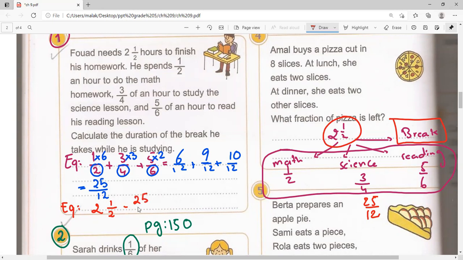Change the mixed number to a fraction. 2 times 2 equals 4 plus 1, 5. So 5 over 2. Now let's find the common multiple between table 2 and table 12. What is the common multiple between table 2 and table 12?